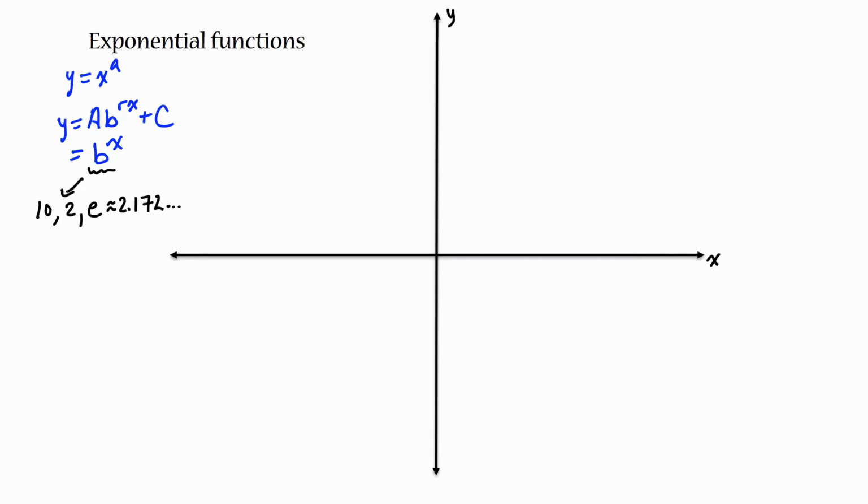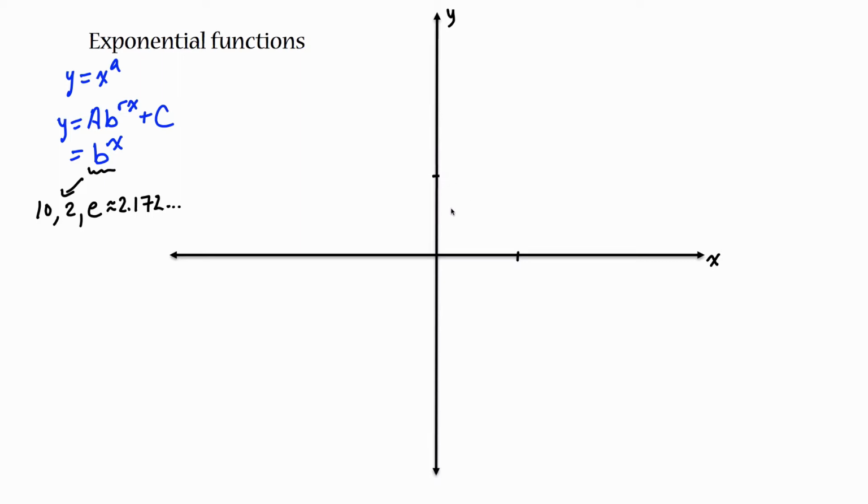It's e. And all these fundamental exponential functions have a thing in common, which is that when x is 0, the function has y equal to 1, because anything raised to the exponent 0 is 1.